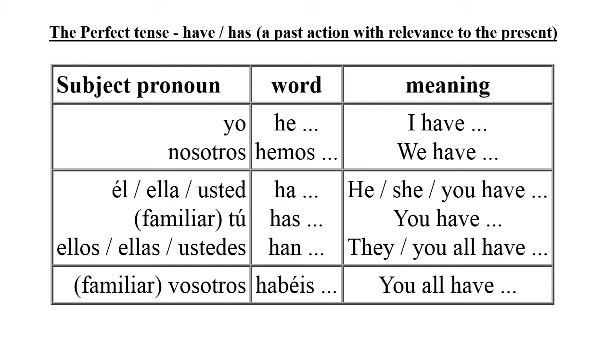The vosotros form can be learned last. Habéis, which means you all have, which is used in Spain. So that's he, hemos, a, as, an, and habéis. If you already know the future tense, you may recognize 5 of those sounds as they are used in that tense.